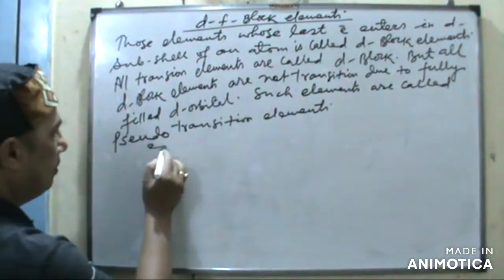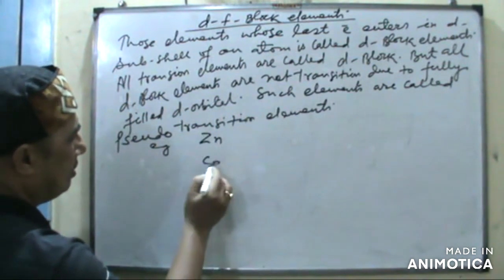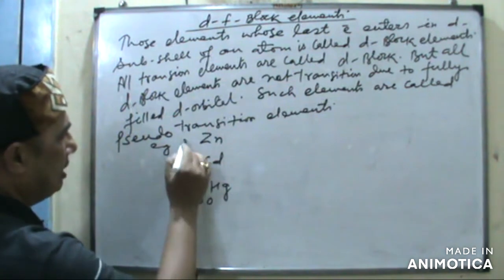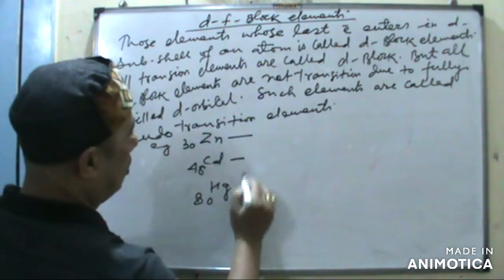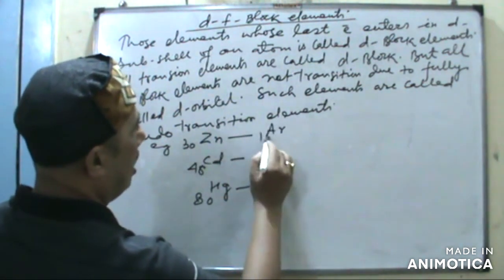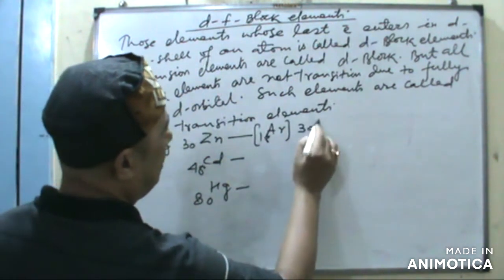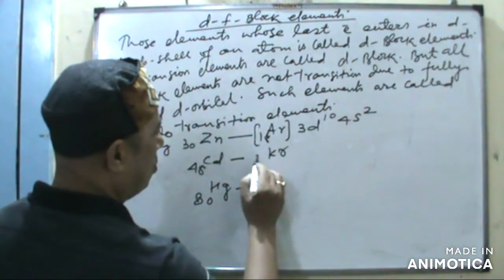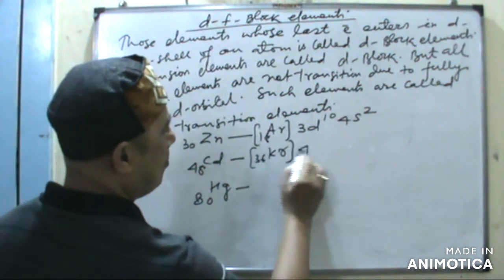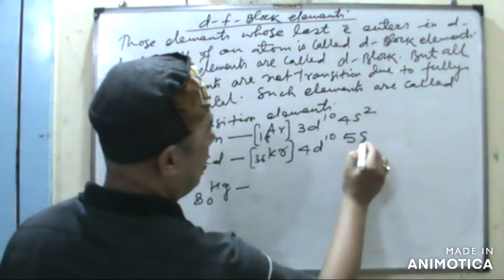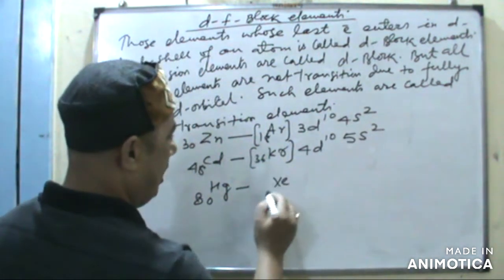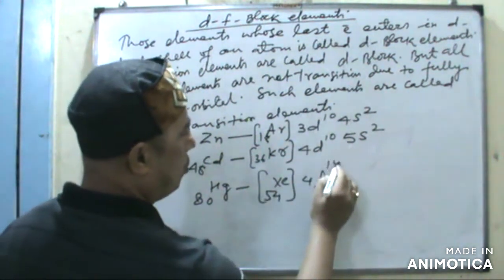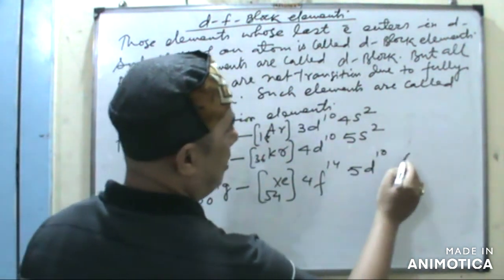For example, zinc, cadmium and mercury, 30, 48 and 80. The configuration is argon 3d10 4s2, krypton 4d10 5s2, and xenon 4f14 5d10 6s2 for mercury.